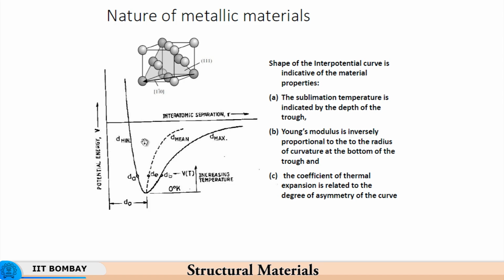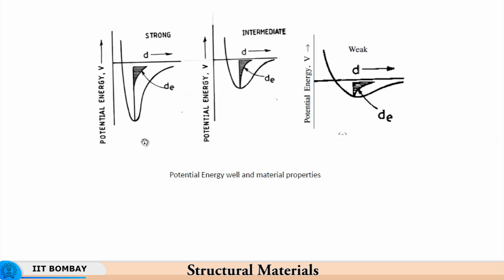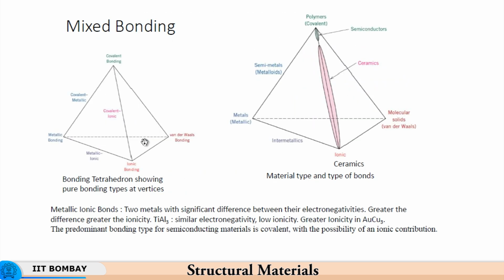So we talked about the melting point, the coefficient of thermal expansion, and the radius of curvature relating to the Young's modulus. When we talk about degree of ionicity, it also means that the bond has two different characters, partly ionic, partly covalent. So that is what is seen over here.